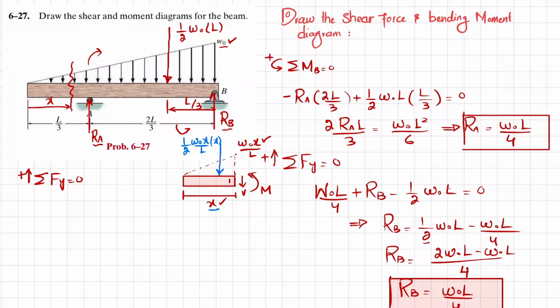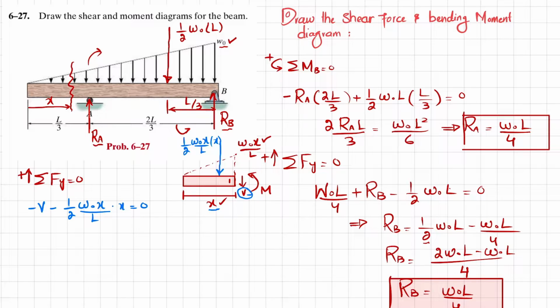Their sum must be equal to 0. So I will write minus V, because V is downward, as you can see over here, minus 1 over 2 into W naught x over L into x, and that will be equal to 0.